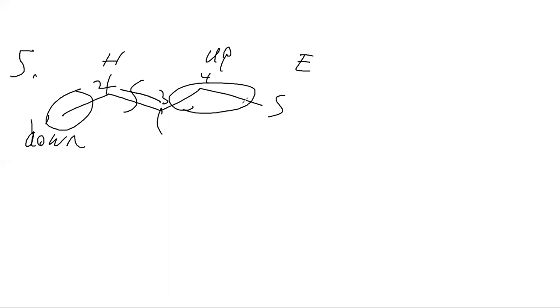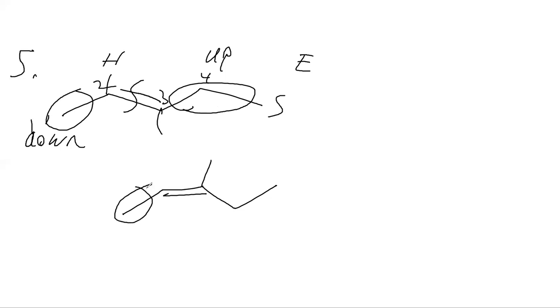So those are the general steps I'd take if I was asked to draw something given a name. Just do the skeletal structure, put the substituents down, put the double bond, and if it turned out that this was wrong, then I did it again, but you could just put it like this.